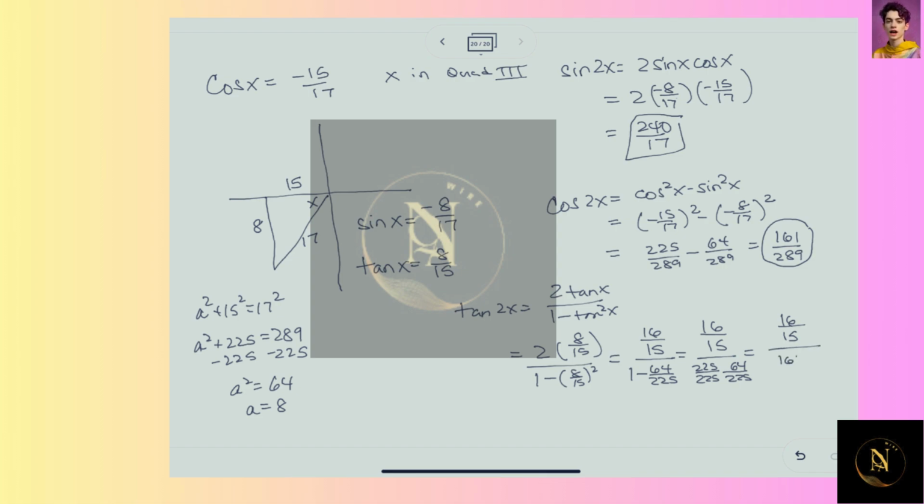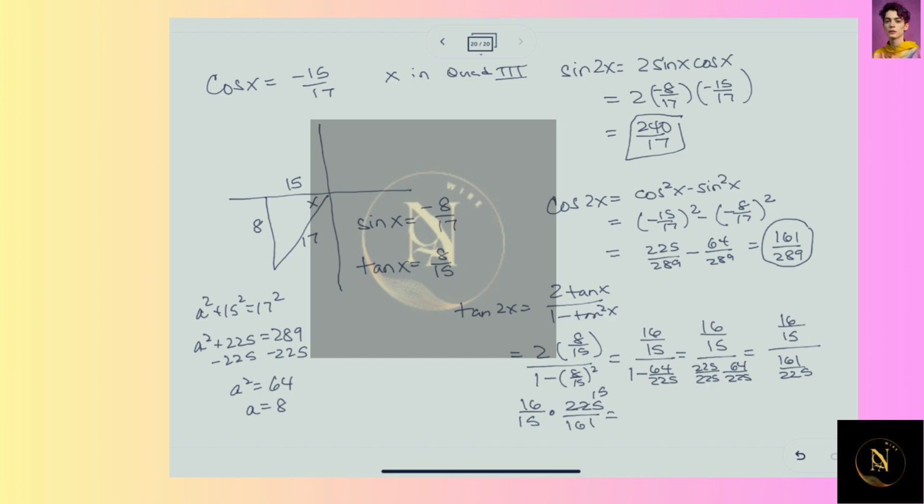161 over 225. Now I'm just going to multiply by the reciprocal. So 16 over 15 times 225 over 161. 15 goes into 225 15 times.